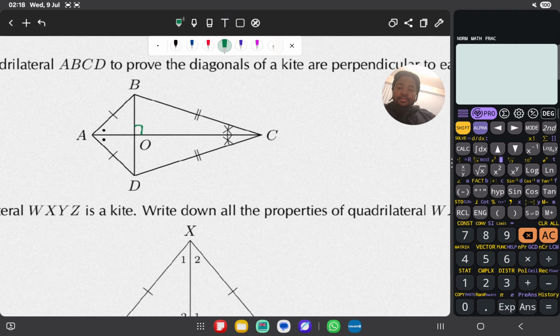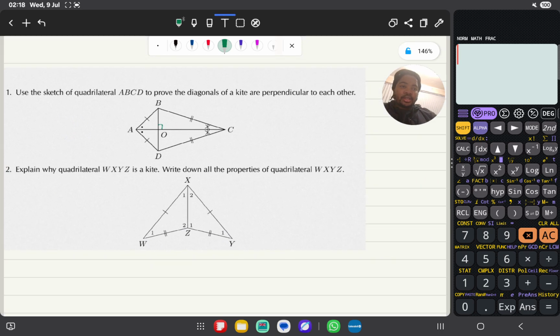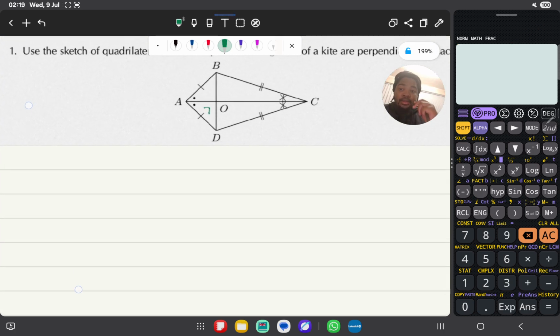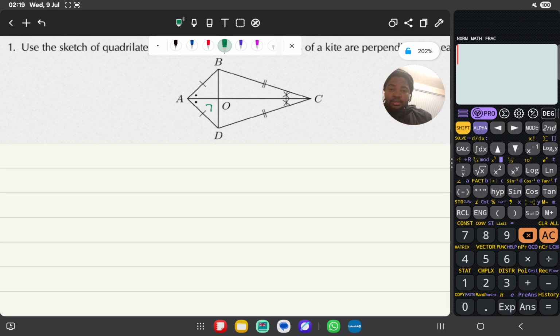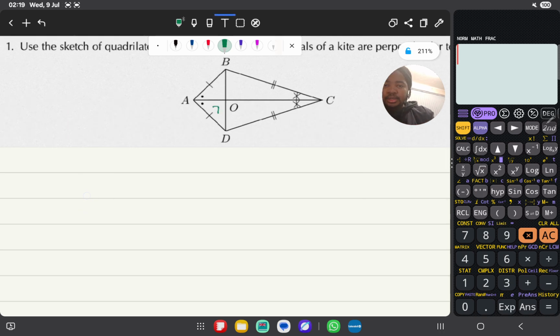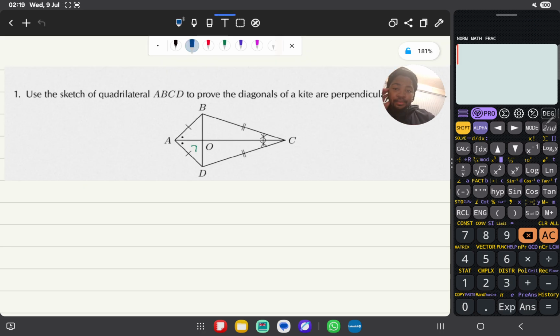Let's get started. So in our diagram, let me just say triangle ADB is an isosceles triangle.